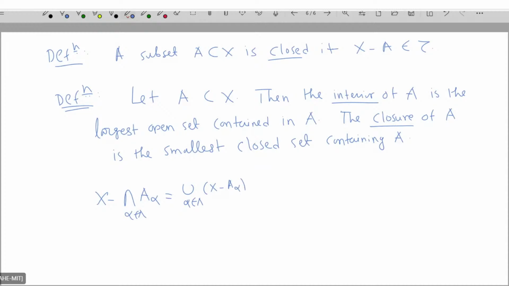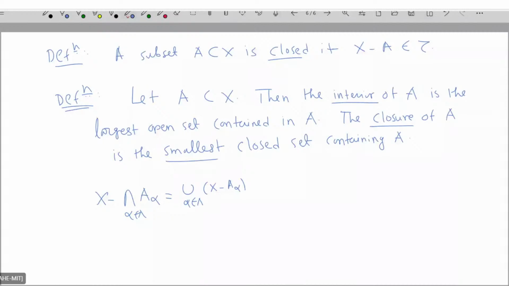So the arbitrary union of open sets by axiom 2 is open. Therefore this complement is an open set. Hence this intersection is a closed set. Okay. So because of that, if you take the collection of all closed sets containing A, you will get the closure of it. That's why it's called the smallest closed set containing A. So closure of A is the smallest closed set containing A.